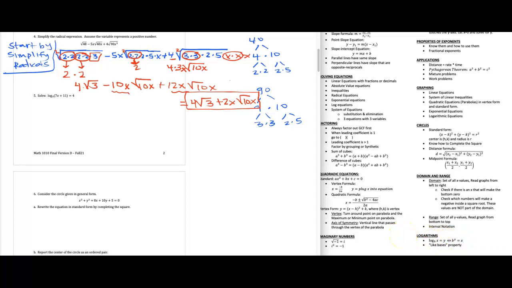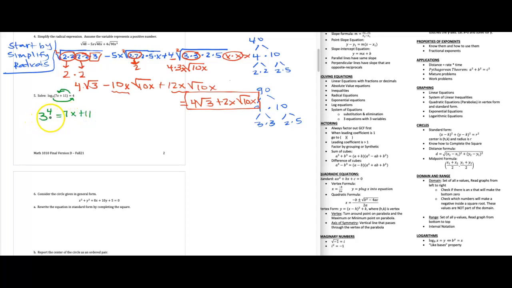So when we're doing this, we're going to take that base, the 3, and we're going to raise it to the 4th power. Okay, so I've got 3 to the 4th power, and then that's going to equal all of the stuff that's there in the parentheses. So equals 7x plus 11.